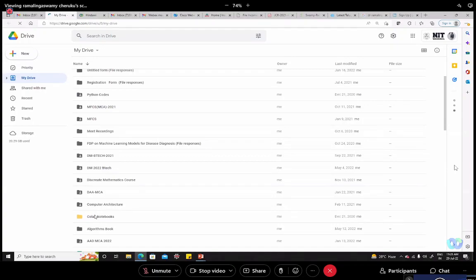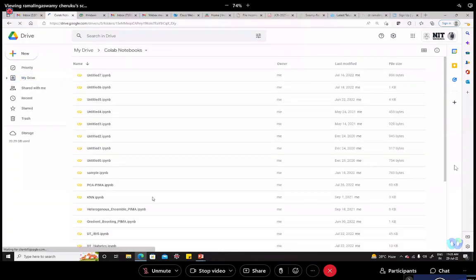Directly from the cloud itself, you can run your Python scripts. Those who are beginners in Python can directly use the Google Colab facility.